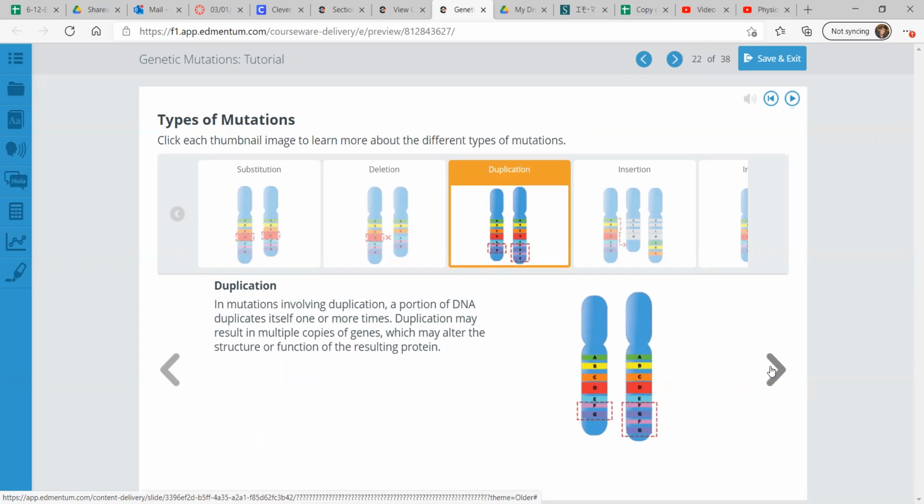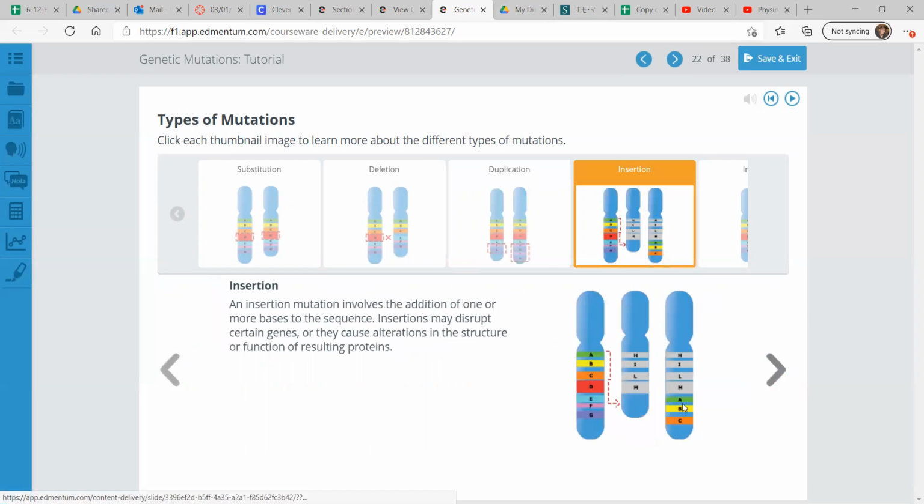Duplication, that is when a portion of DNA duplicates. It makes a copy of itself one or more times. Duplication may result in multiple copies of genes, which may alter the structure or function of the resulting protein.